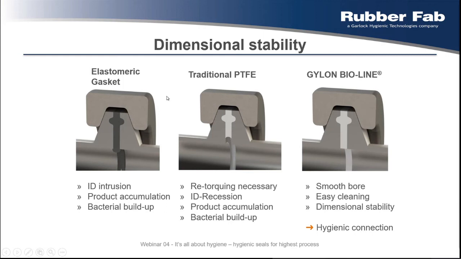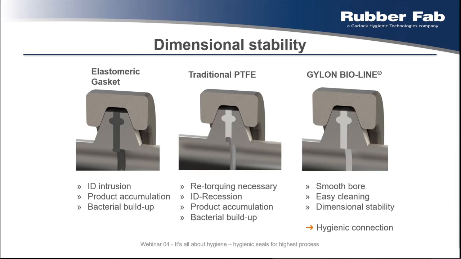Whereas the elastomeric gaskets, depending on the installation process for sure, tend to intrude into the system, and traditional PTFE gaskets show a lot of cold flow. In most cases, they show cold flow and creep, meaning when they are compressed and load is applied, they do not uphold the load, but ultimately they will creep, especially when thermal cycling is applied as well.